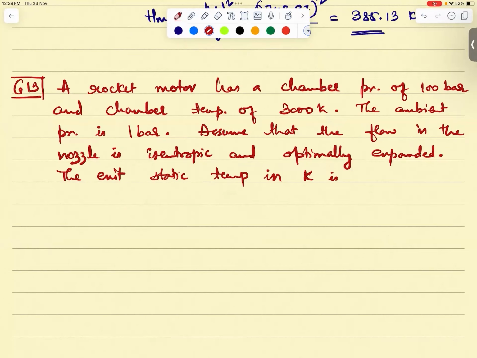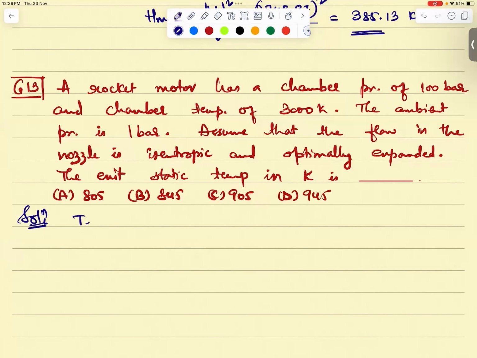Let's be quick. They have also given options: 805, 845, 905, 945. So T by Tc can be written as (P by Pc) to the power of (gamma minus 1) by gamma.